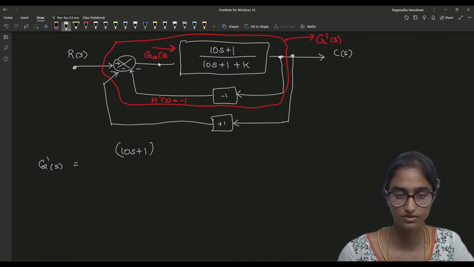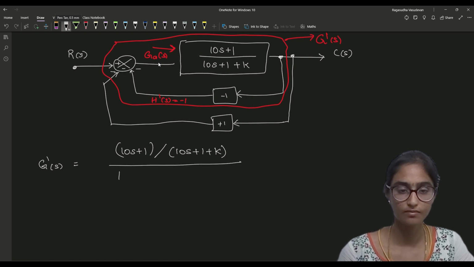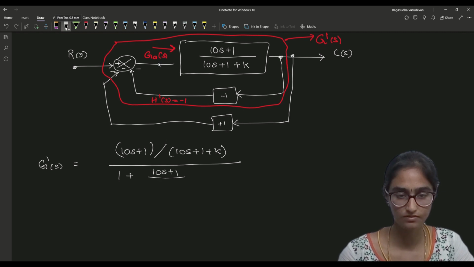So it is (10s plus 1) divided by (10s plus 1 plus k), whole divided by 1 plus G of s into H of s, which is minus 1.